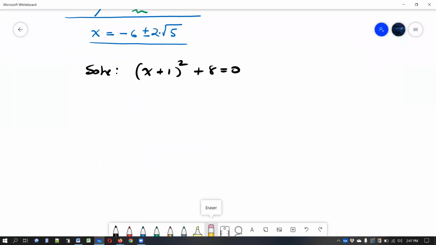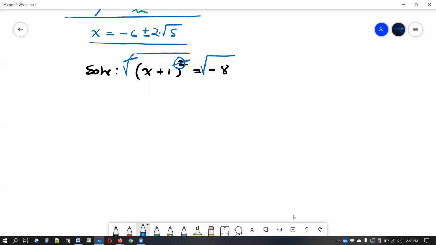So we'll just erase this here. Equals negative 8. Okay. And the factor with the x squared is already isolated on the left. So I can go and immediately take the square root of both sides by applying the square root property.